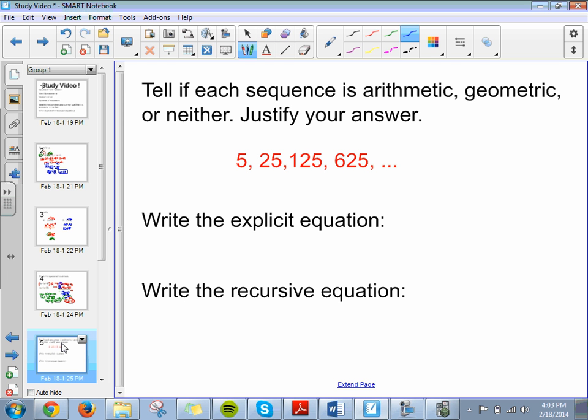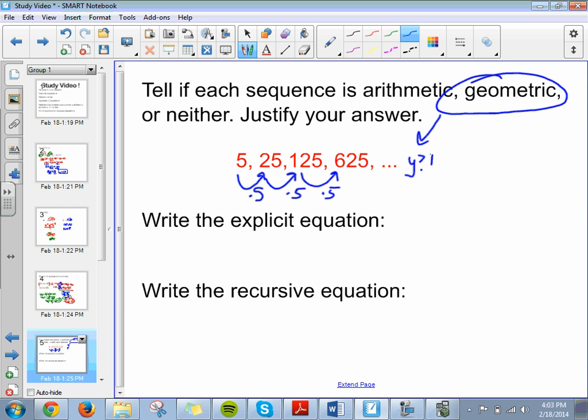Remember, that was very characteristic of something being exponential, that really quick growth. We can see that we're multiplying by 5 each time. And so we know we're dealing with a geometric sequence because we are multiplying by a constant. So, why?